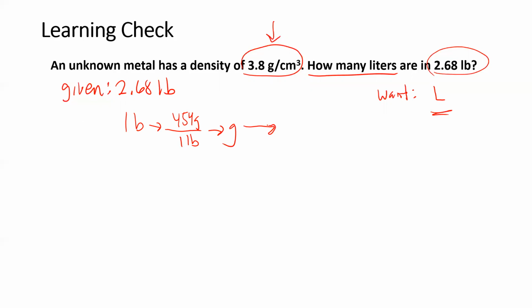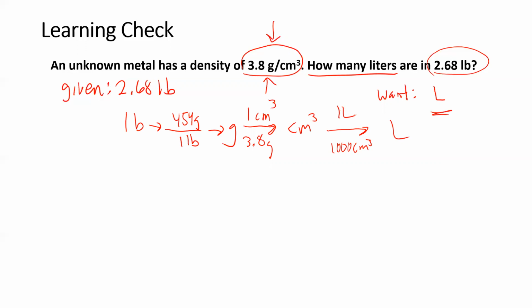And then from grams, using density, which is a conversion factor, I could go to centimeter cubed. There's 3.8 grams in 1 centimeter cubed. And now I know I can go to liters because there's 1,000 centimeters cubed, because a centimeter cubed is a milliliter, in 1 liter. So that's the download dump and setting up the path.